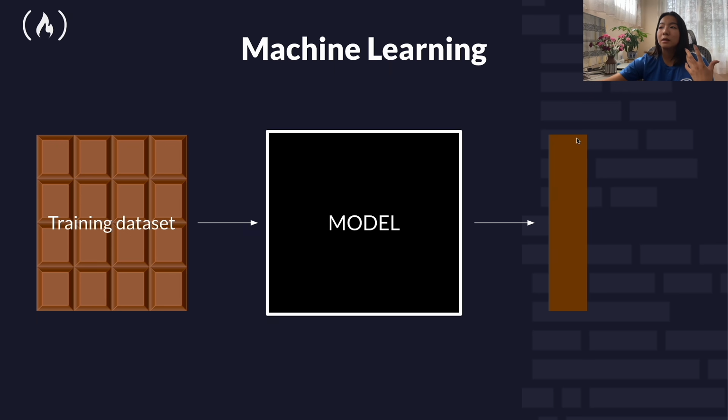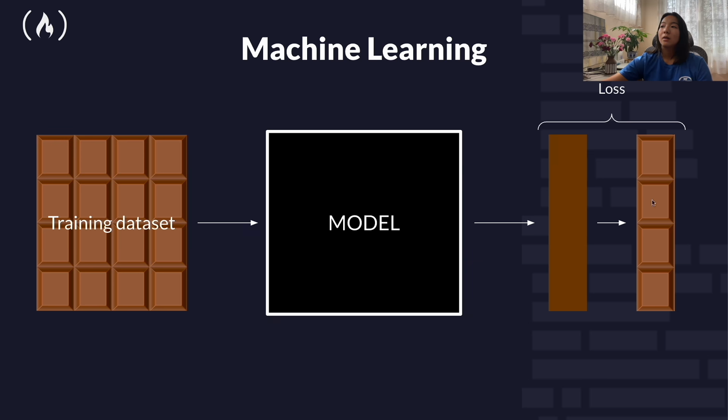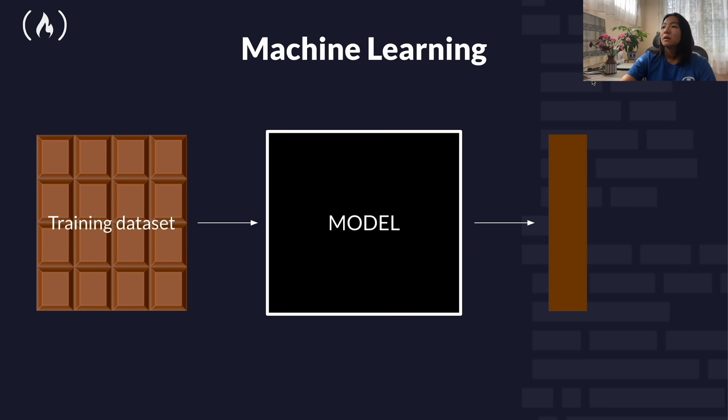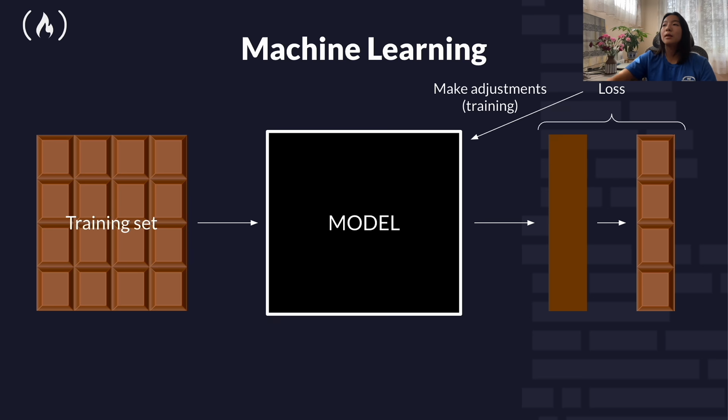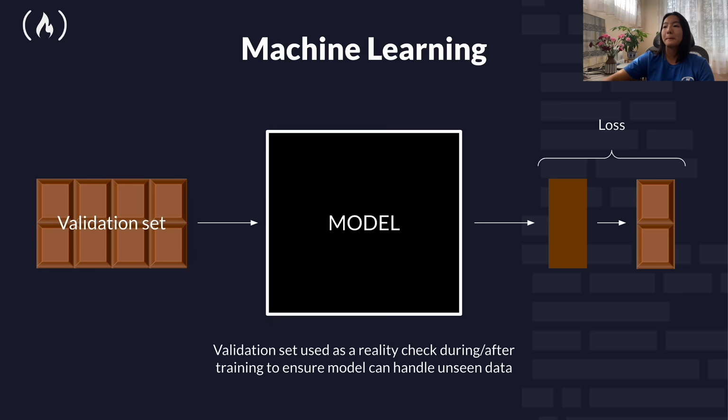We come up with a vector of predictions corresponding with each sample we put into our model. We figure out the difference between our prediction and the true values. This is known as loss, which is the difference in some numerical quantity, of course. Then we make adjustments, and that's what we call training.